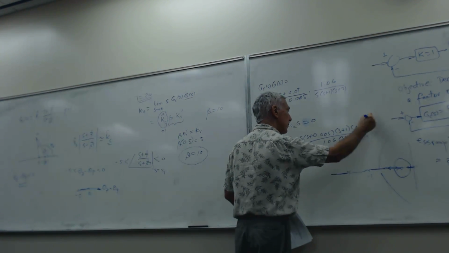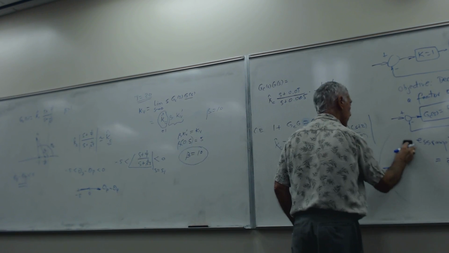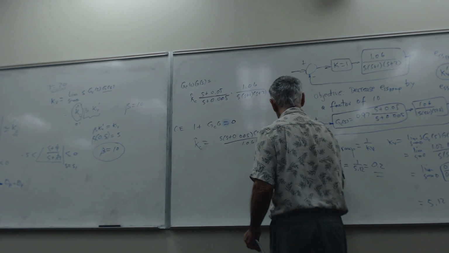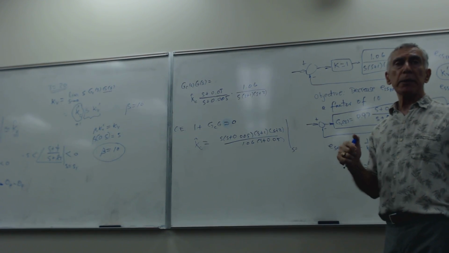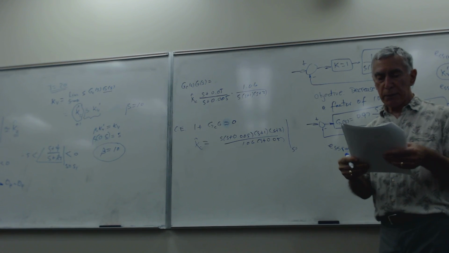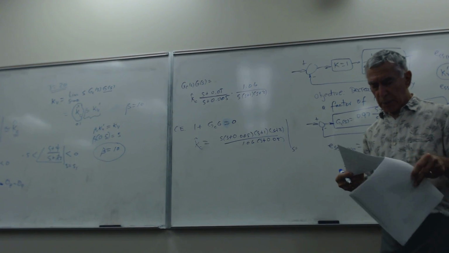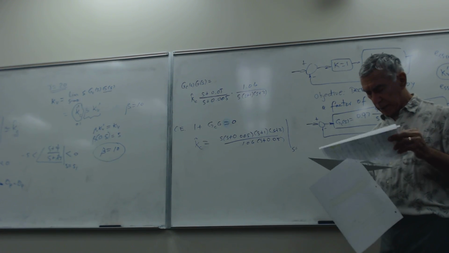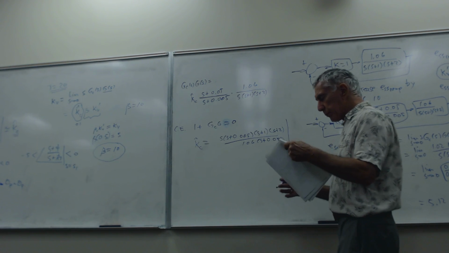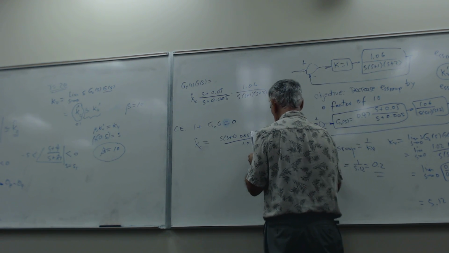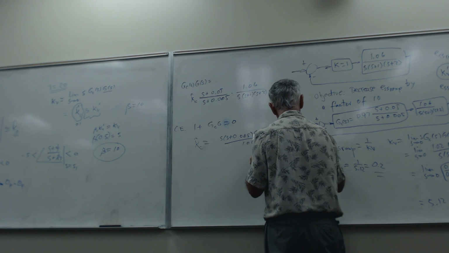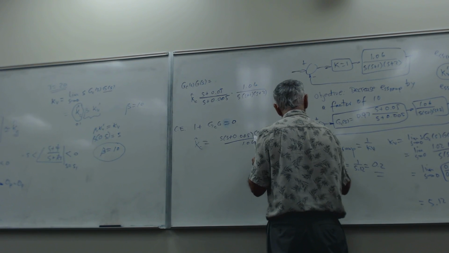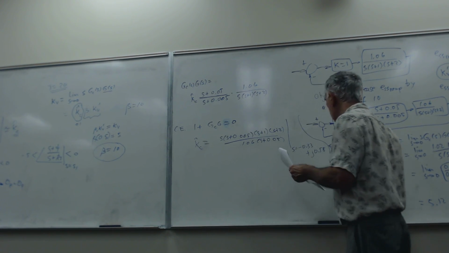And then this would be evaluated at the desired dominant pole, which, if you recall, was -0.33 plus or minus j0.58.